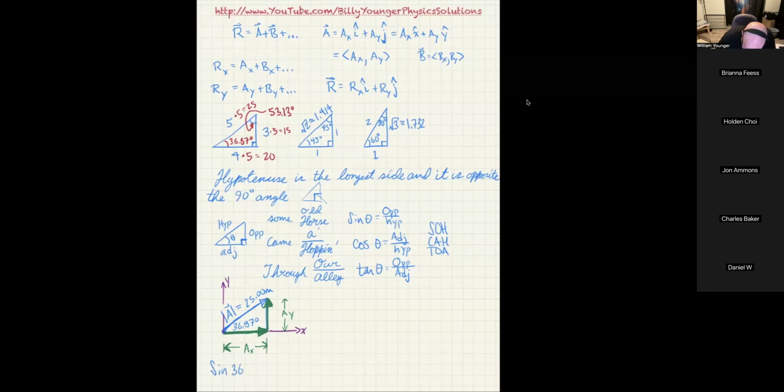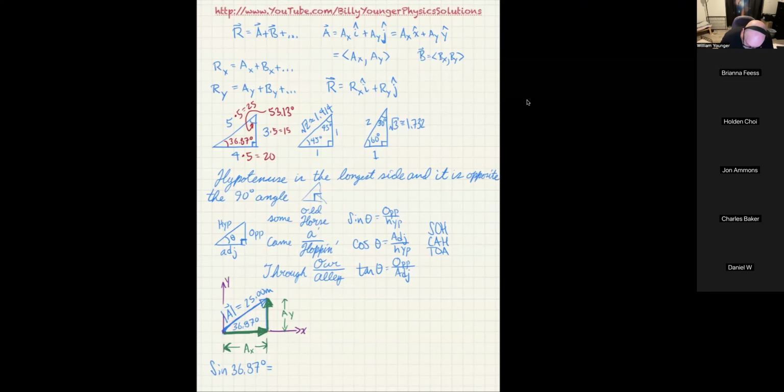So when I go to do this, I write sine 36.87 degrees is equal to, now I remember "some old horse," so I look on here and the angle is 36.87. That's this angle right here. And this is the opposite side because this one's touching it and this one's the hypotenuse.